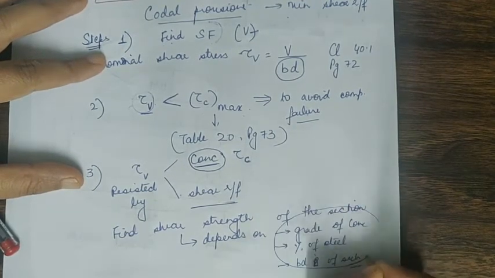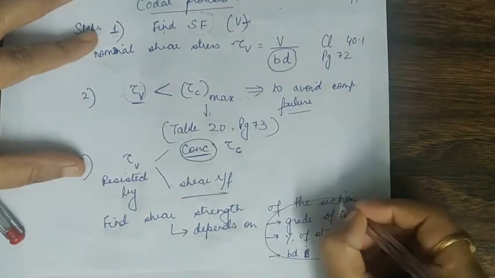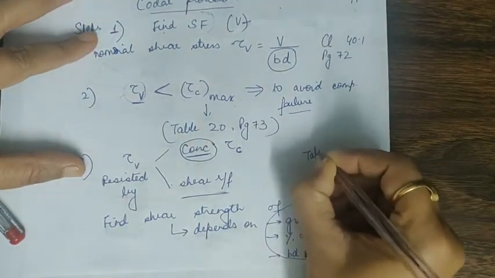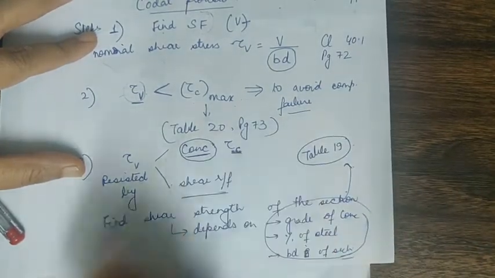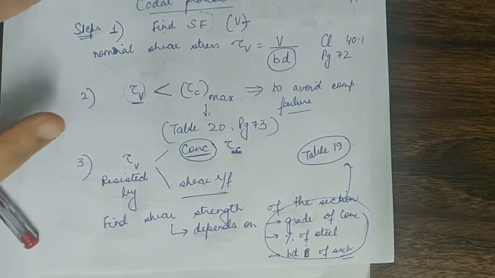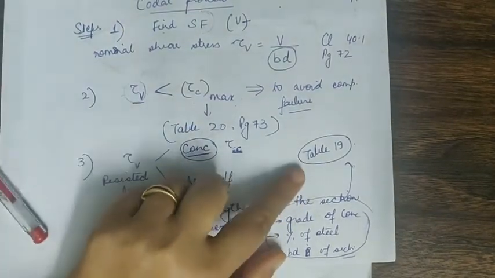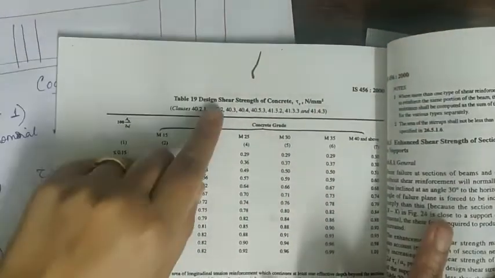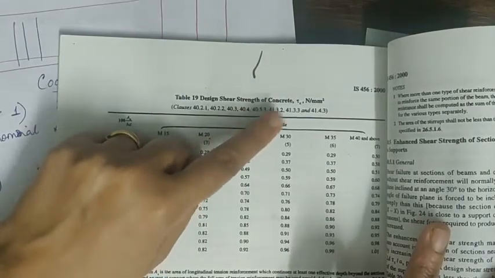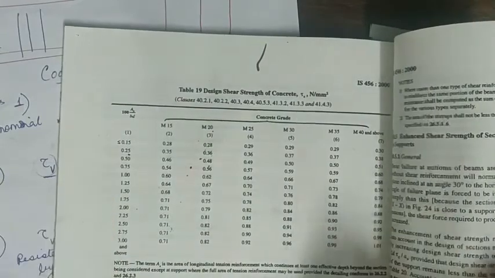So depending upon all these things, the code has given a table, that is Table 19. From that table we can find out the value of tau C. This Table 19 is given on page 73. It gives the design shear strength of concrete, tau C. So we will find out tau C. Okay, clear?